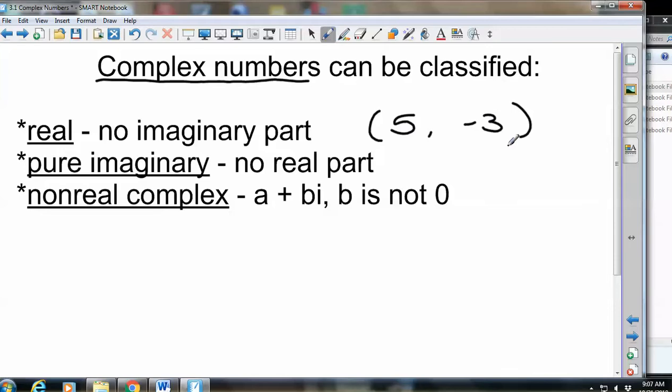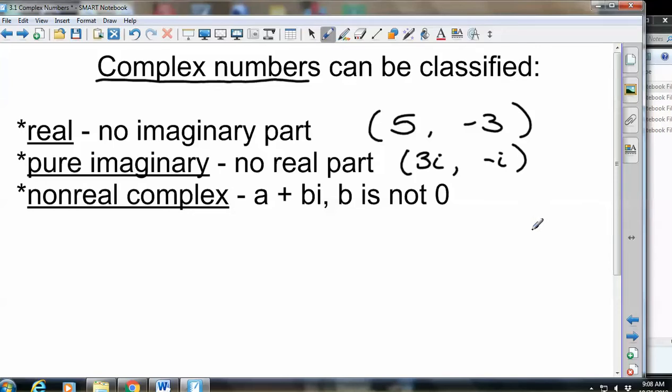Neither of those have an imaginary part. Those are still considered to be complex numbers, but they're real because it's only the real portion. If it is a pure imaginary number, that means it doesn't have a real term in it. So it'd be something like 3i, -i. It doesn't have a real part, it just has the imaginary part.